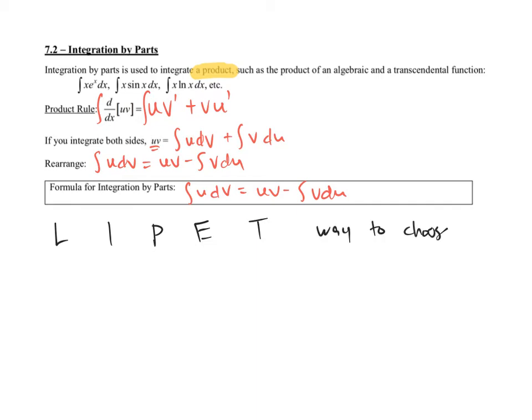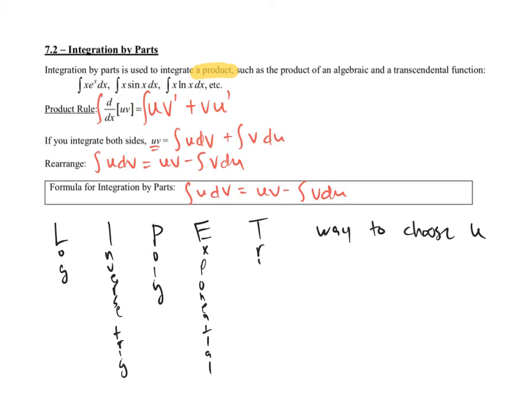This is just an acronym that stands for different types of functions. So the L stands for a log function. I stands for inverse trig. P stands for polynomial, so I'm just going to write poly, and so that would be like your x to some power. E stands for exponential.